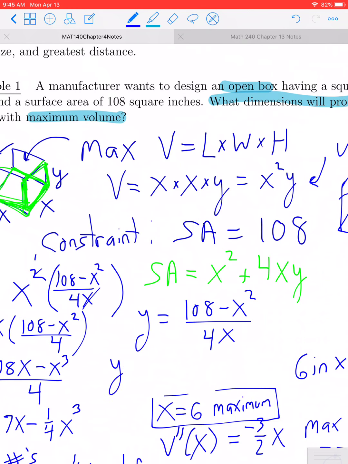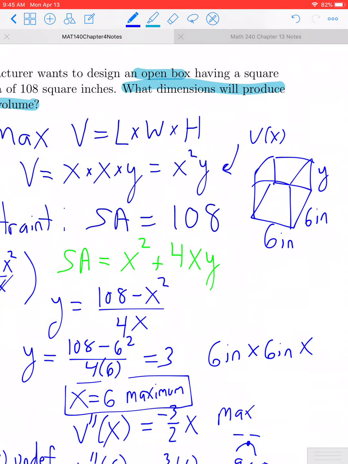So if we plug in 6, this is going to be (108 minus 6 squared) divided by 4 times 6. We'd want to plug that into a calculator, work that out, and we should get 3. So that is the answer.